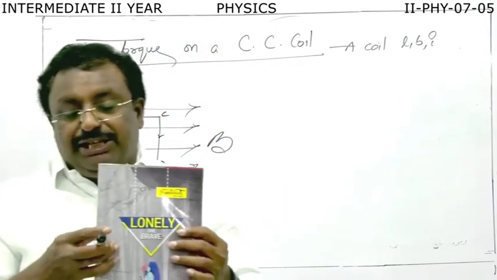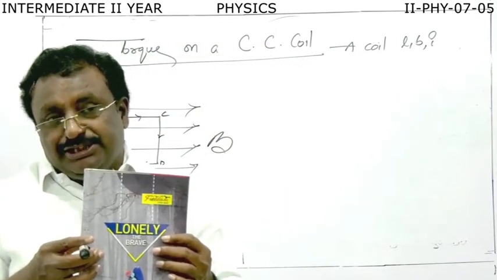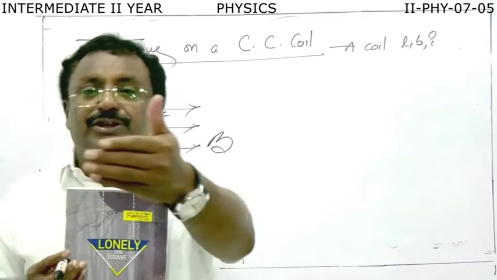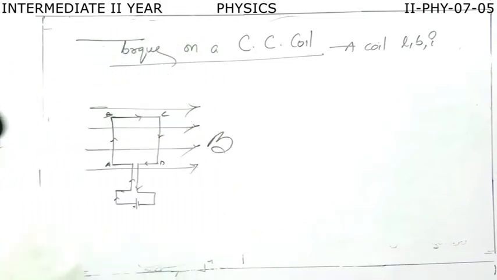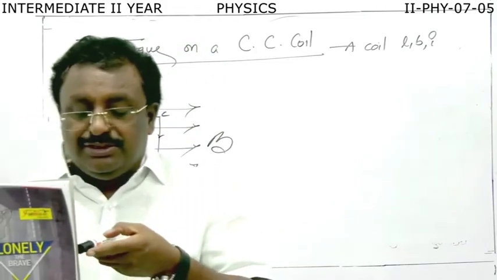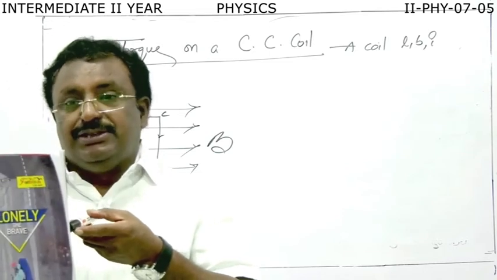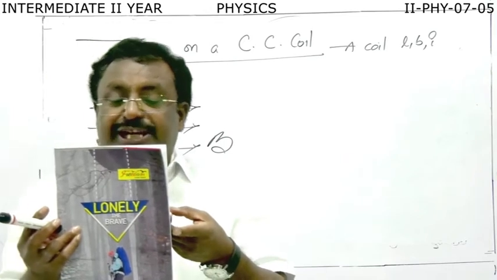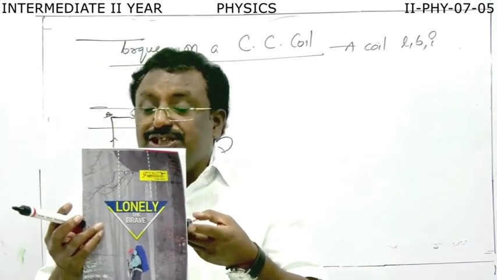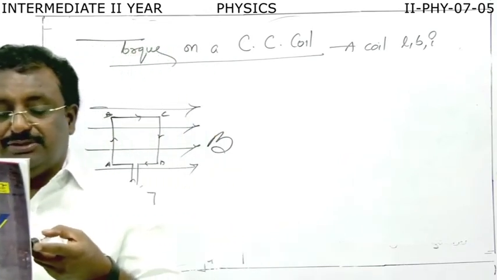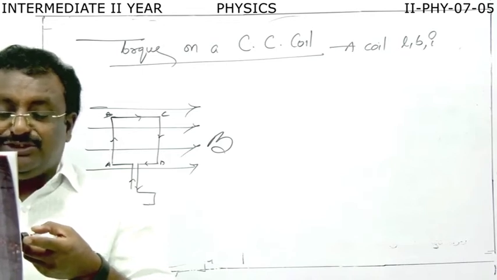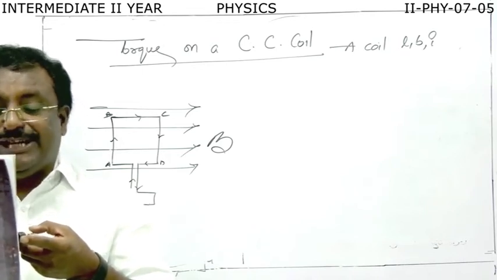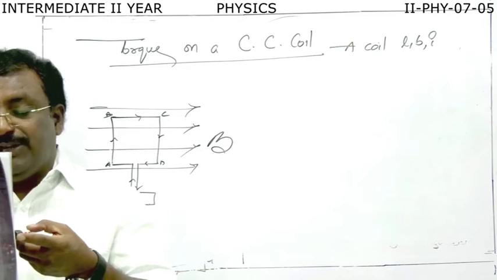On one vertical side, the direction of force is perpendicular to the plane of the figure towards you. On another side, the direction of force is perpendicular but into the board. These two forces are equal in magnitude but opposite in direction, acting on two different points.